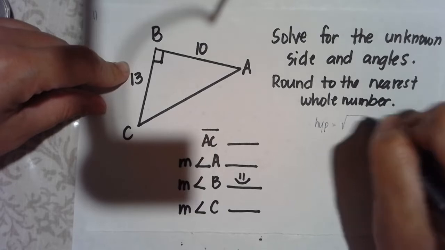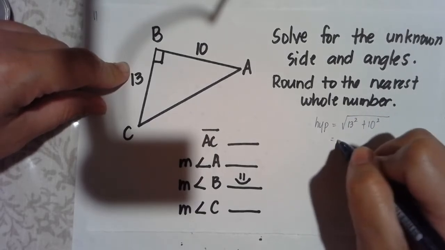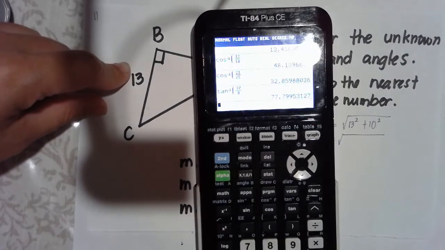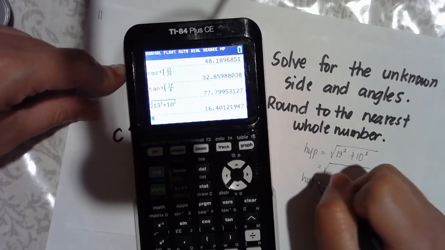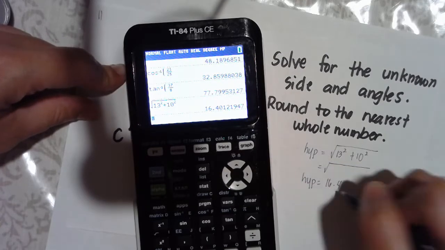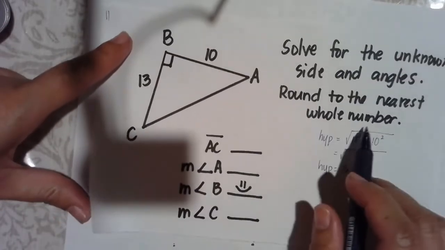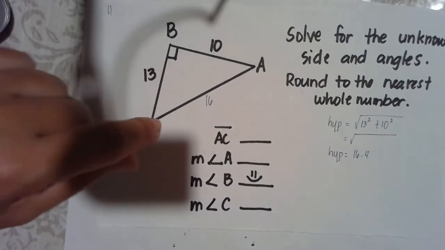Hypotenuse is equal to the square root of 13 squared plus 10 squared. So therefore, 13 squared plus 10 squared equals 16.4. Okay, so hypotenuse 16 because it says round to the nearest whole number. So if that's 16, we're good.